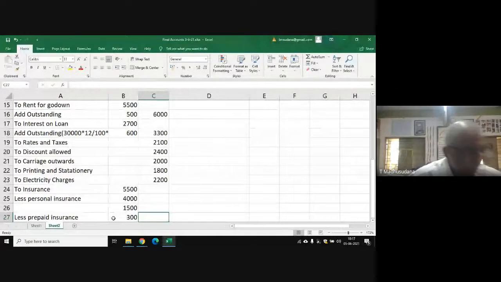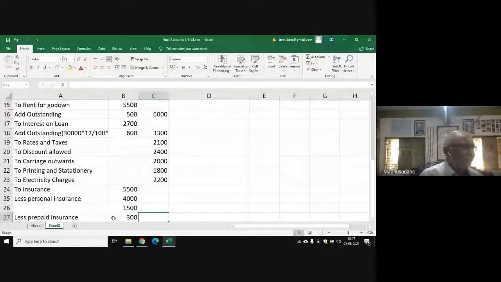You see adjustment number 7. Insurance premium includes 4,000 paid towards the proprietor's life insurance policy. So 4,000 is a personal life insurance policy that should not be shown as a business expenditure. That's why we have deducted the 4,000 rupees from the 5,500.